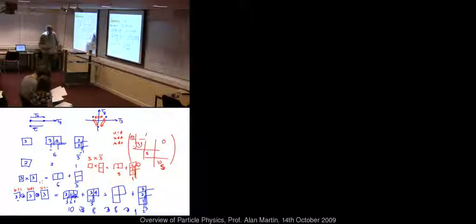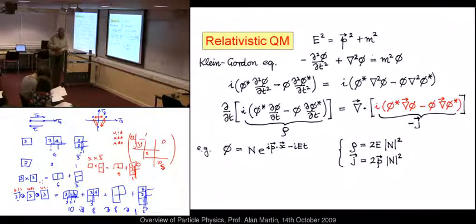But the real problem is this thing here with a 2E in it, because when I substitute that in here and differentiate with respect to time, I get minus iE dropping down. The minus i goes with the i, gives me 1, and that gives me the E. This also gives me E, so I've got 2E. Now the probability density depends upon the energy.